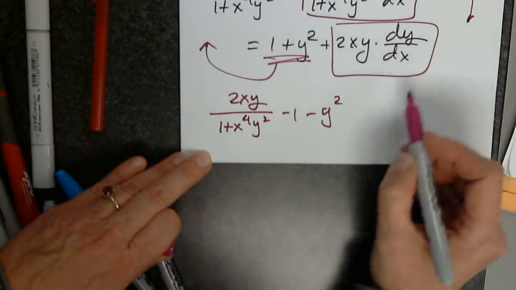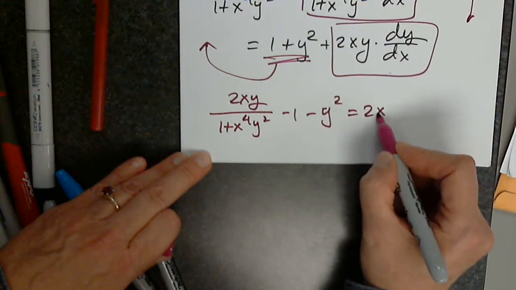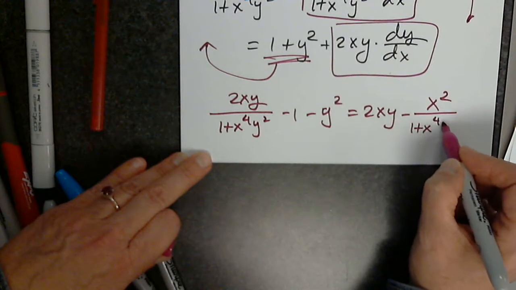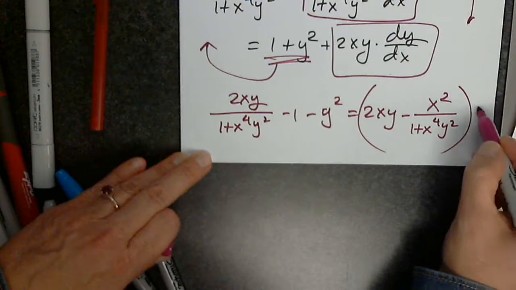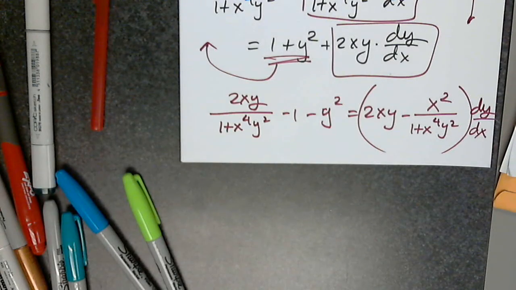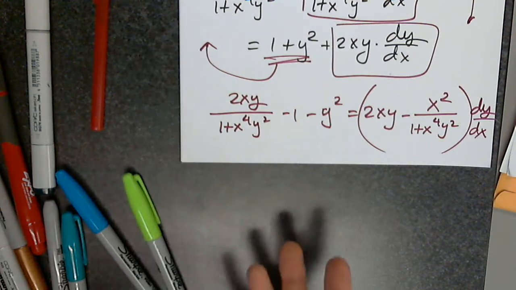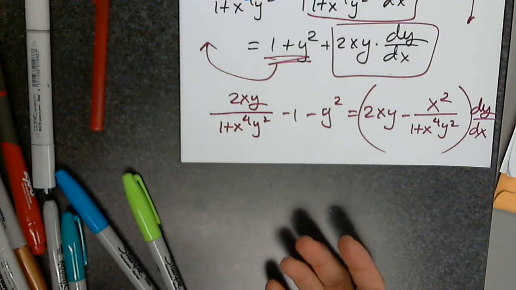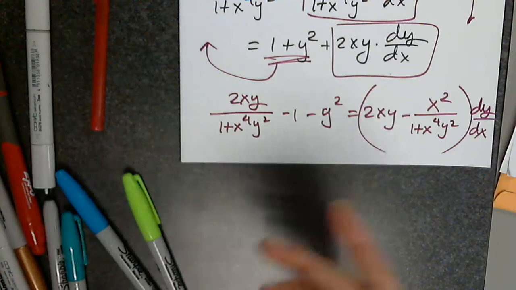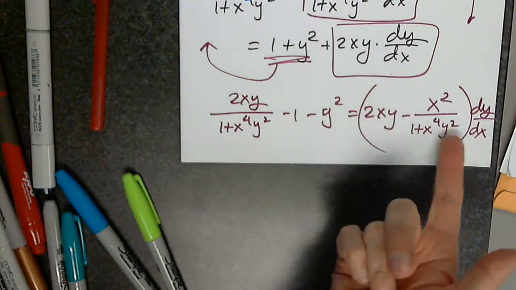And when I move this to the other side, I factor out, I have x squared over 1 plus x to the fourth y squared dy over dx. That's what makes implicit differentiation hard, because it involves a lot of algebra. Distributing, maybe sometimes factoring, like here, I had to factor dy over dx.